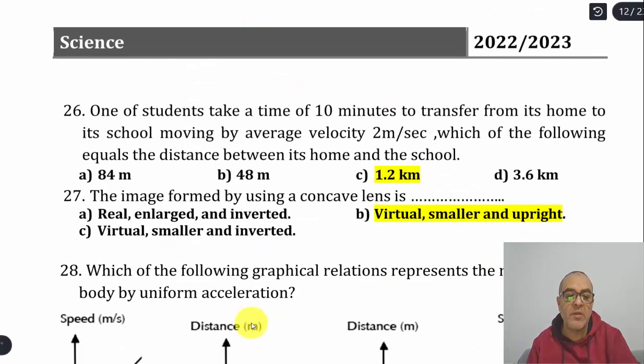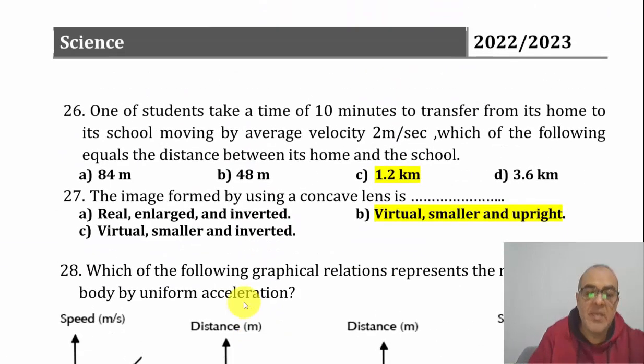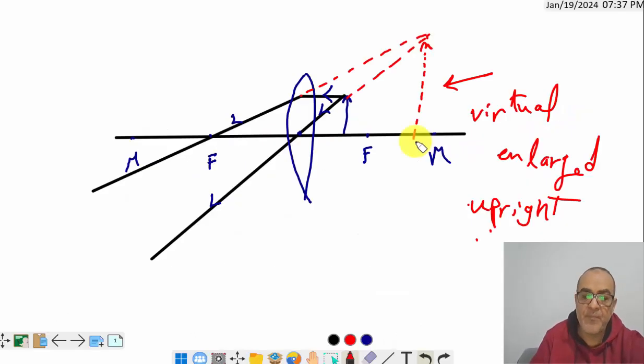Go to question number 26. One of the students takes 10 minutes to travel from home to school, moving at an average velocity of 2. Which of the following equals the distance?